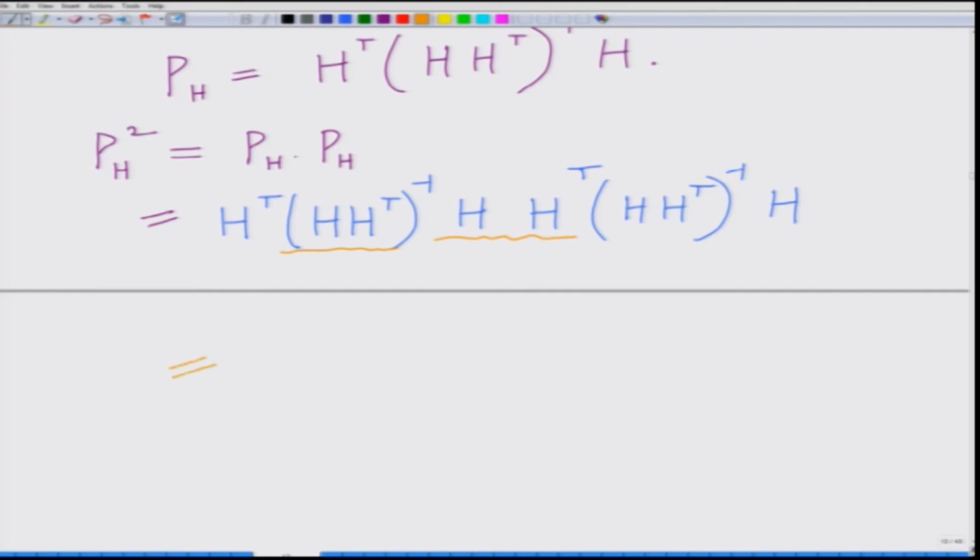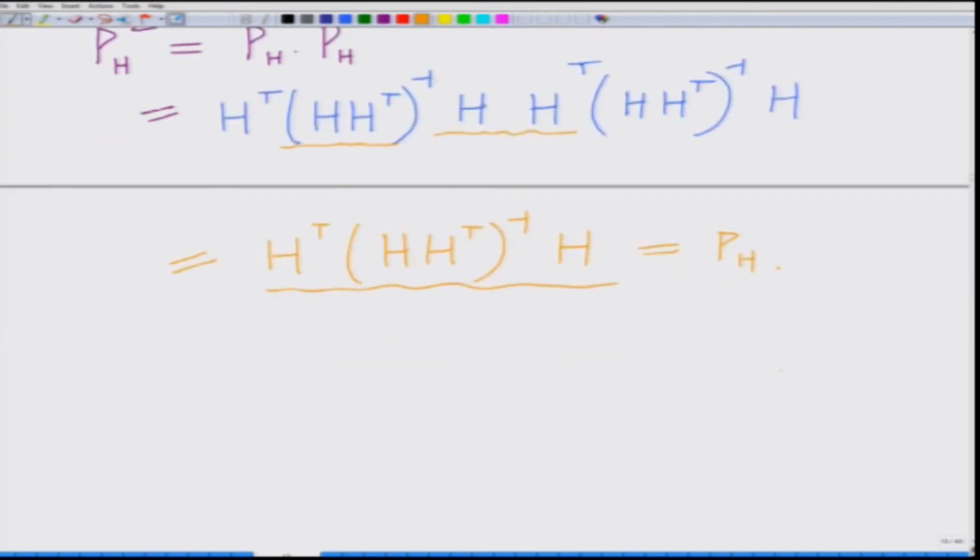So, now you have this equal to H transpose (H H transpose) inverse times H, and once again this quantity is nothing but P_H.